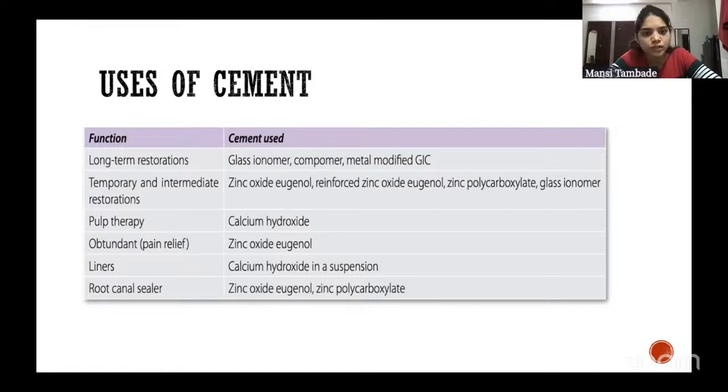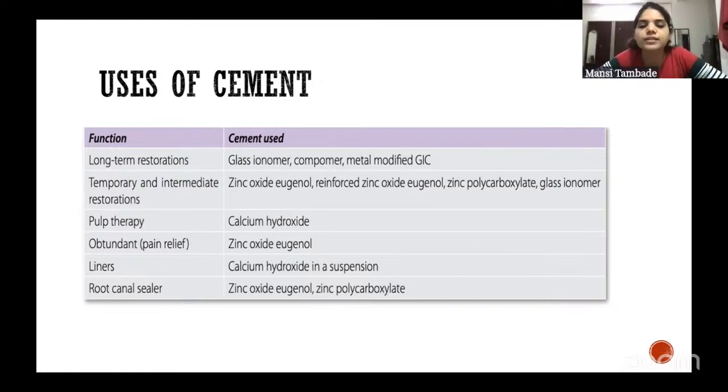Then the uses of cements. See, the cements can have different uses. So these are the following uses. You can definitely take a screenshot if you want. For long-term restorations, we use glass ionomer, compomer, or metal modified GIC. Temporary and intermediate restoration: zinc oxide eugenol, reinforced zinc oxide eugenol, zinc polycarboxylate, glass ionomer. Pulp therapy, we use calcium hydroxide.